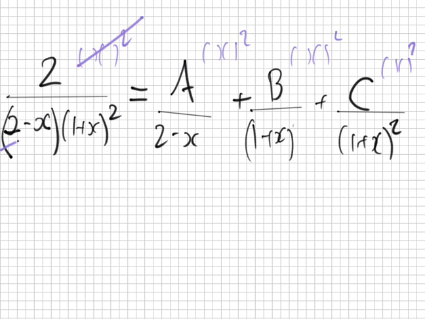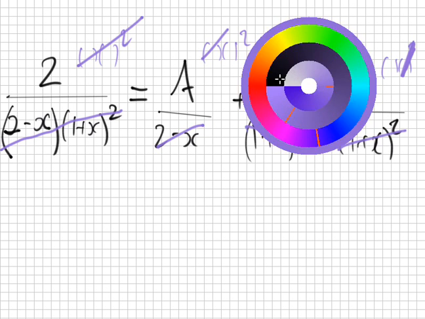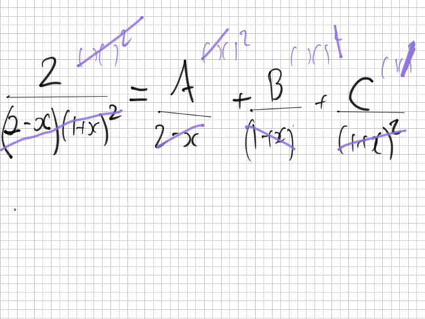Both cancel there. What happens in this fraction? The first one cancels. What happens here? Just the square, because it's squared, so we have one extra. And then the last one, that cancels that one there. So actually you'll be left with this.